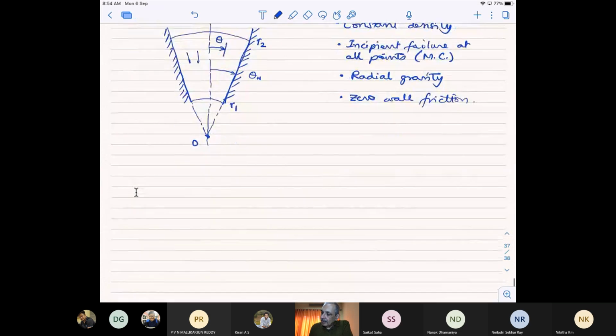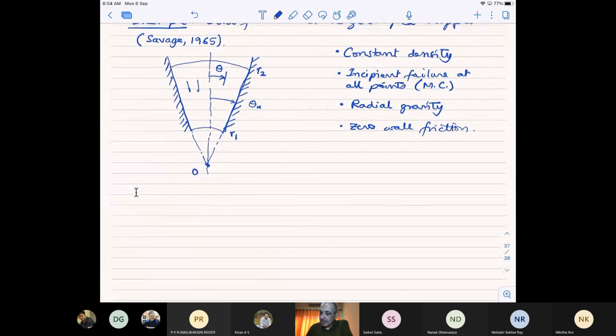Now, in this case, because you have zero wall friction, you actually end up getting the shear stress, sigma r theta, equal to 0, and that actually means that sigma theta theta and sigma rr are principal stresses.